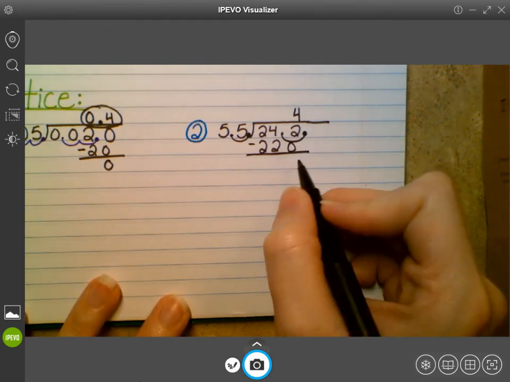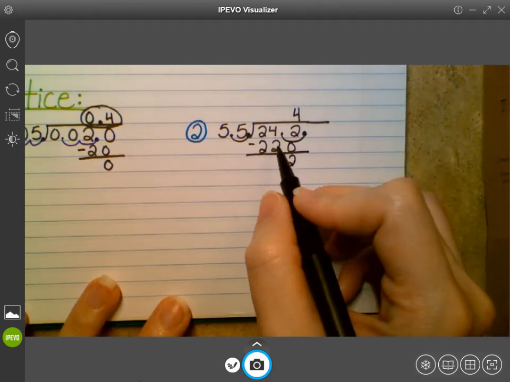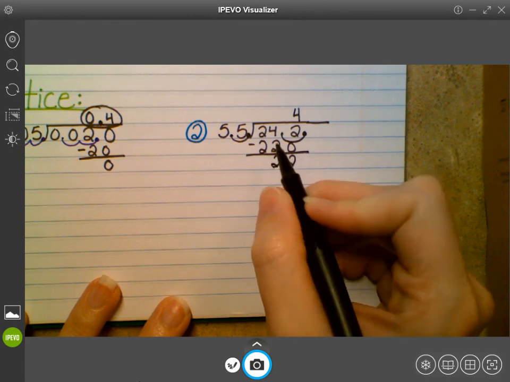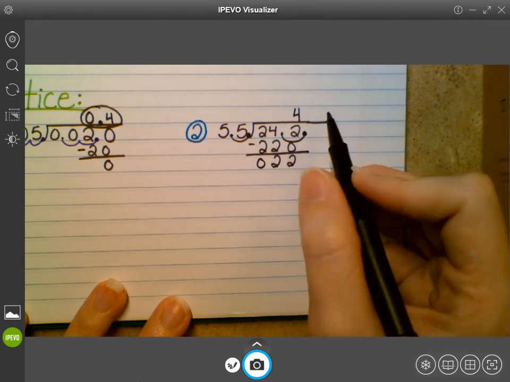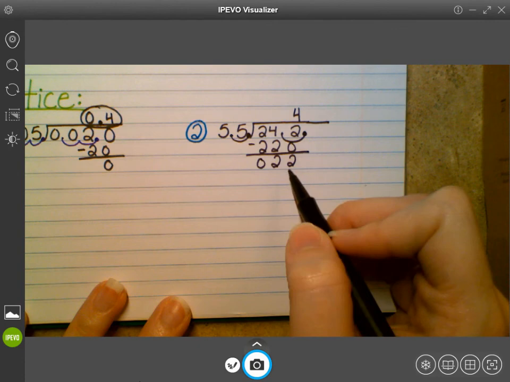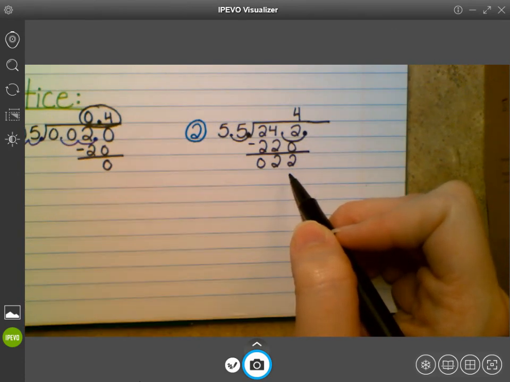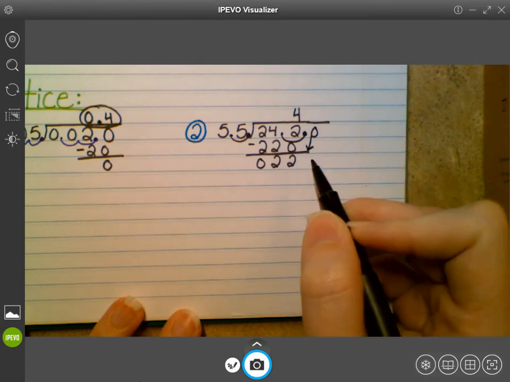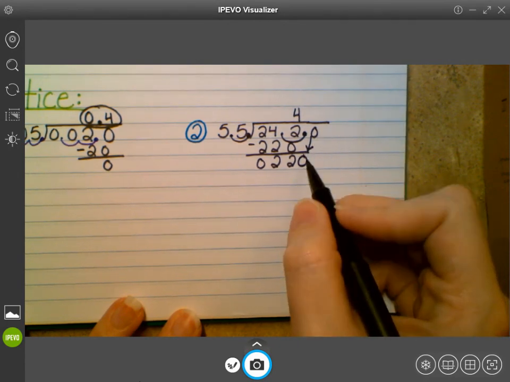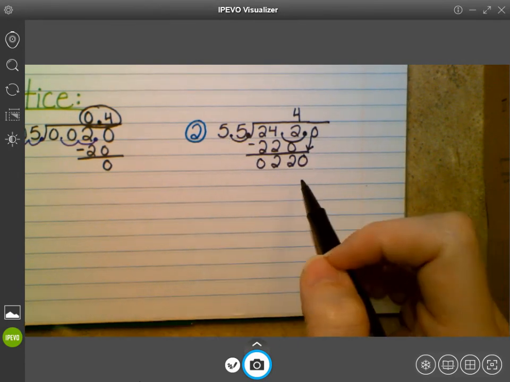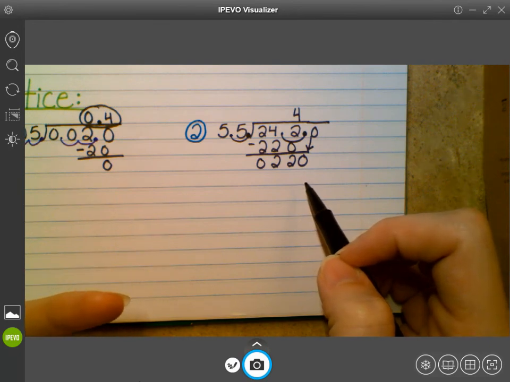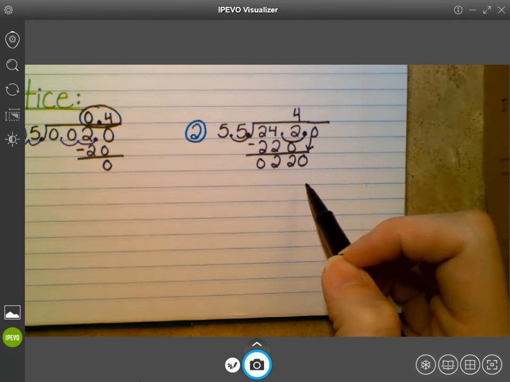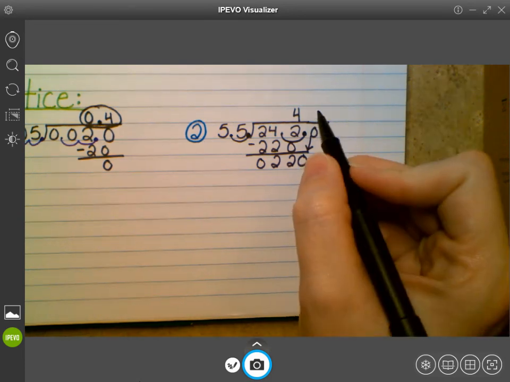2 minus 0 is 2. 4 minus 2 is 2. 2 minus 2 is 0. Then, can 55 go into 22, 5th grade? No. We're going to bring down our 0. Or add a 0 and bring it down. Can 55 go into 220? Show me how many times on your hand. How many times? It goes in 4 times.